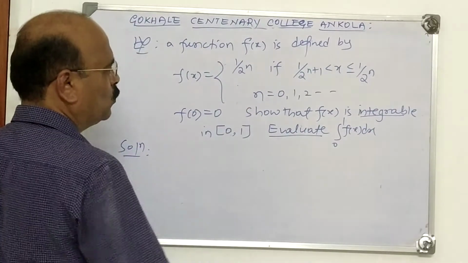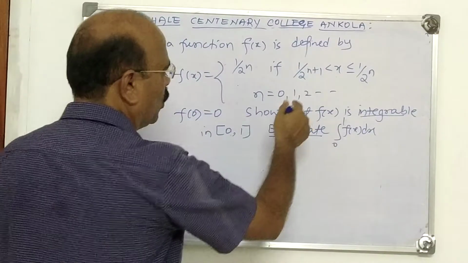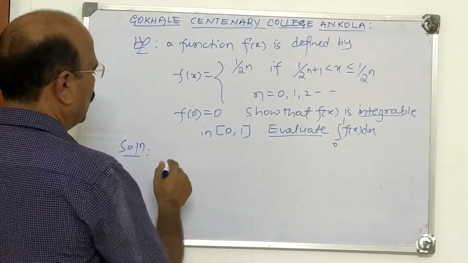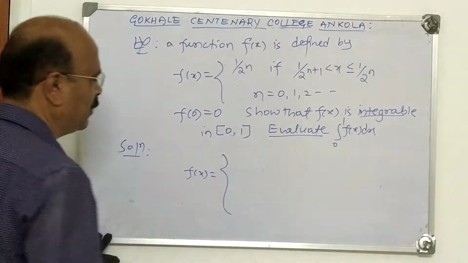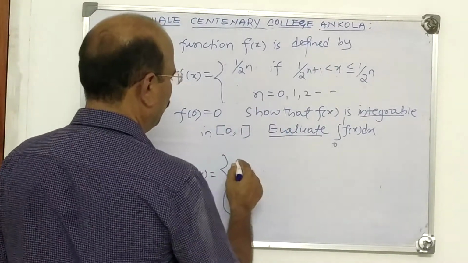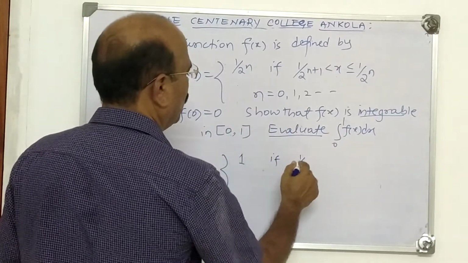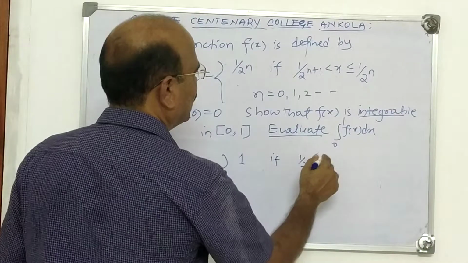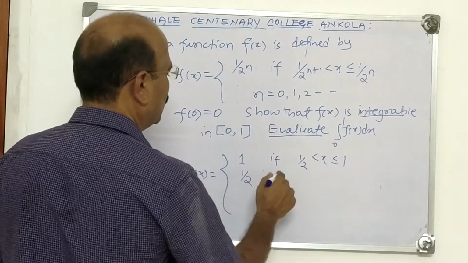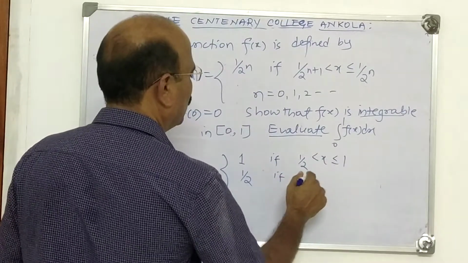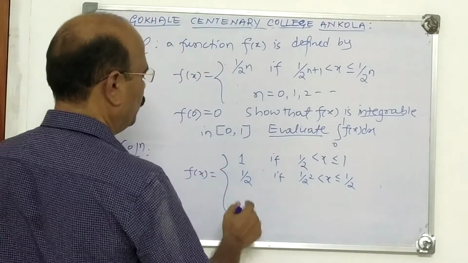The first part is we prove that f(x) is integrable. For that we can use any property of integrable functions. Now see the definition of f(x). When n is 0, you will get f(x) is 1 if 1/2 < x ≤ 1. f(x) is 1/2 if 1/2^2 < x ≤ 1/2.